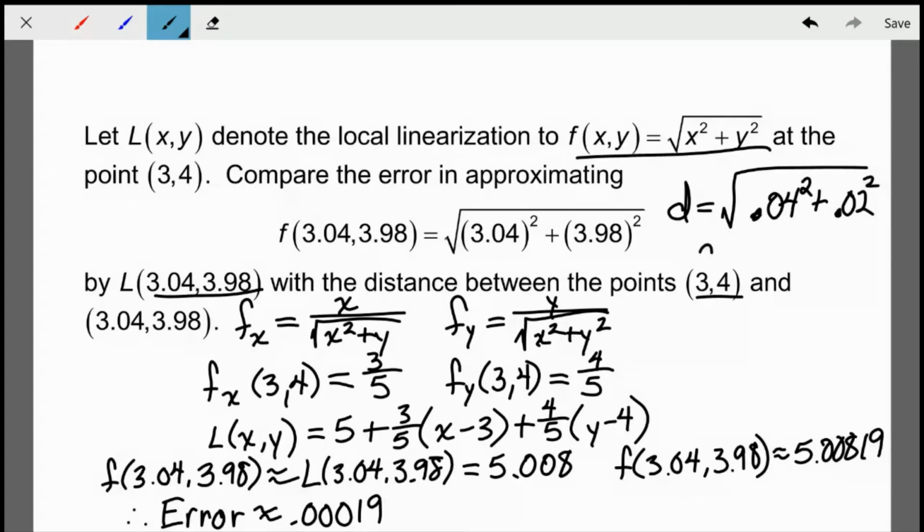So that distance turns out to be approximately 0.045. Now, if I compare this error to that distance, what you will see is that my error is less than 1/200th of the distance.